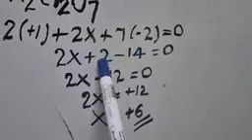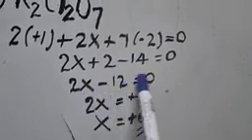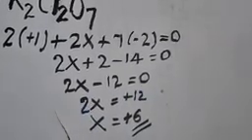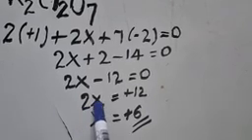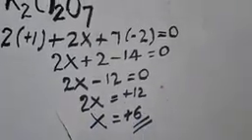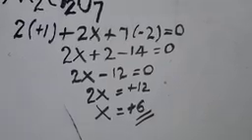Plus 2 minus 14 means -12. Therefore 2X minus 12 is equal to 0, and 2X equals +12. Dividing both sides by 2, X remains +6. This is the oxidation state of chromium, which is +6.